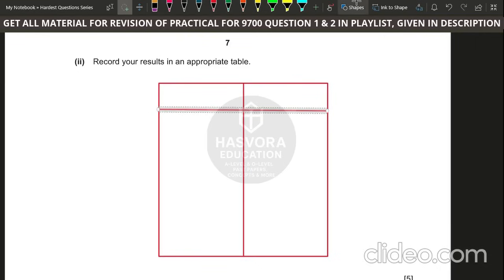The first one will be for the heading, and what will be the heading? We will have concentration, because it is the independent variable and it is what we are changing. I am just writing CONC because I do not have enough space.